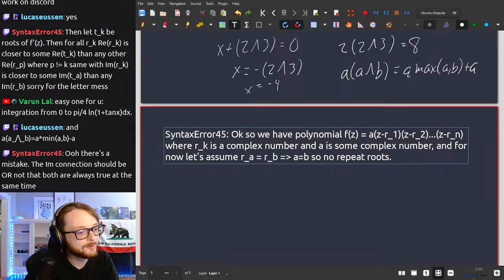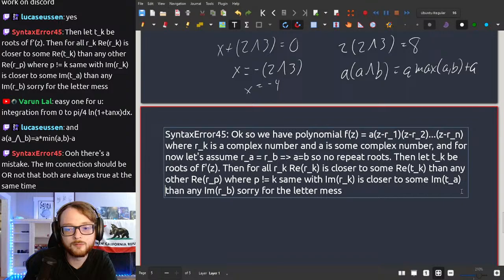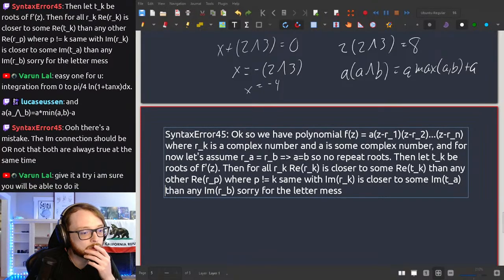There's a mistake. Okay, I'll paste in what you originally said and then I'll fix it. The IM connection should be or, not that both are always true.